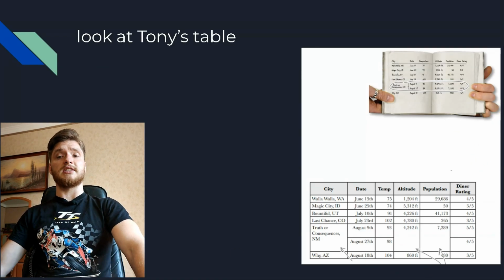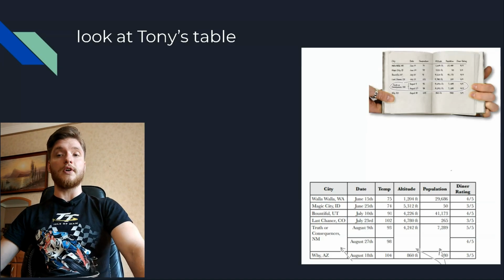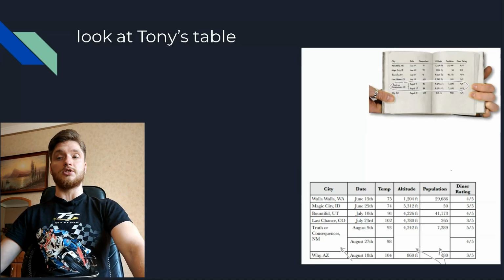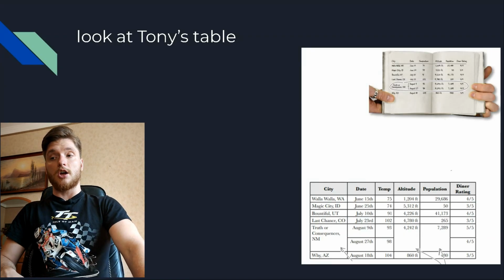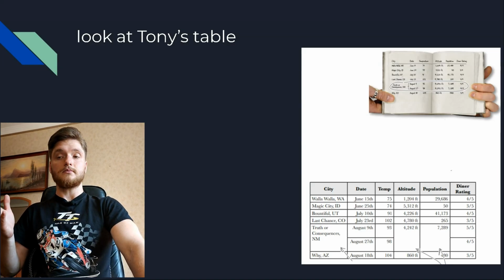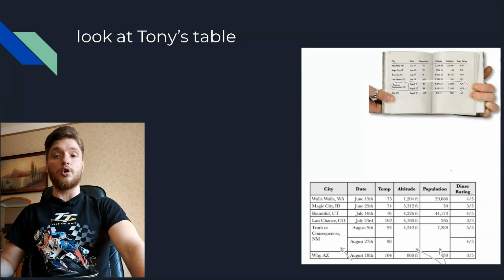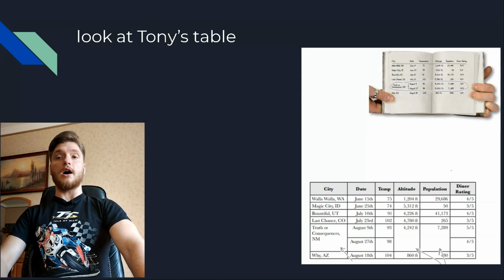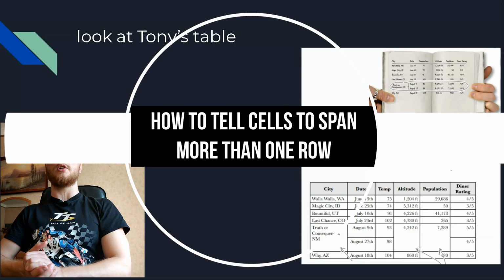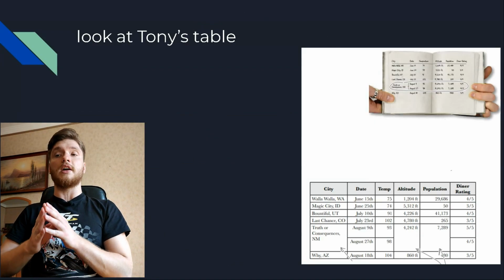But where does this leave you with HTML? It seems like you would have to add an entirely new row and just duplicate the city, altitude and the population, right? Well, not so fast. We have the technology. Using HTML tables, you can have cells span more than one row or more than one column. Let's see how this works. What does it mean for a cell to span more than one row?